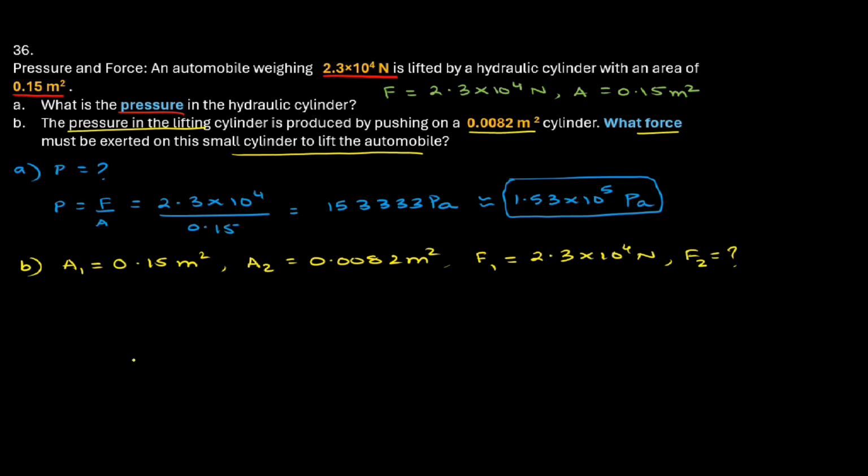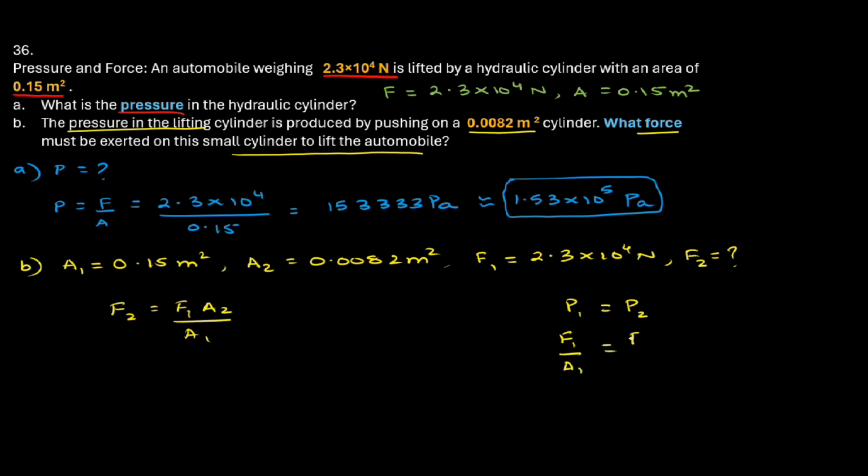We need to find force F2 that must be exerted on the small cylinder. To find this, we are going to use the formula for hydraulic lift, which is F2 equals F1 A2 over A1. You can get this rule by using Pascal's principle, which says that a change in pressure in one region is equal to the change in pressure in another if you have a liquid which is confined. So pressure in one region can be written as F1 over A1.